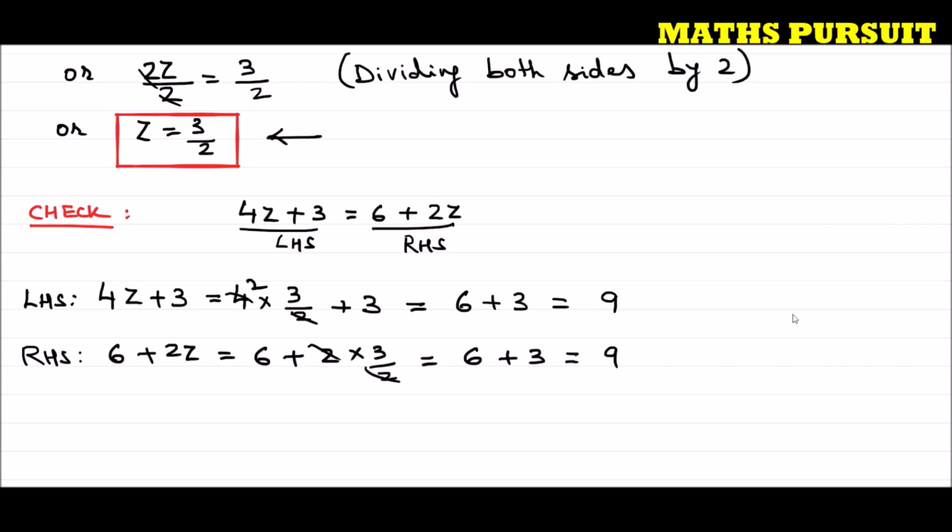Now guys, you could see that we got the left hand side of the equation as 9 and the right hand side of the equation also is 9. Thus we can say that the left hand side is equal to the right hand side. Hence this is verified.